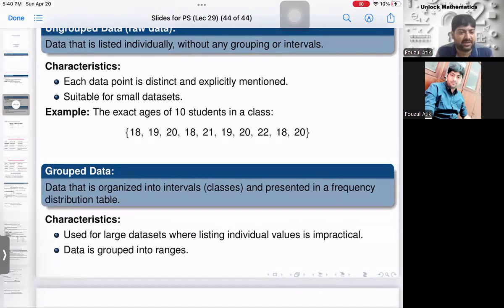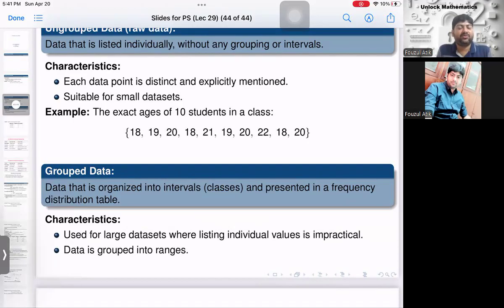We'll discuss the example. Now the key characteristic of grouped data is that it is used for large data sets where listing individual values is impractical.